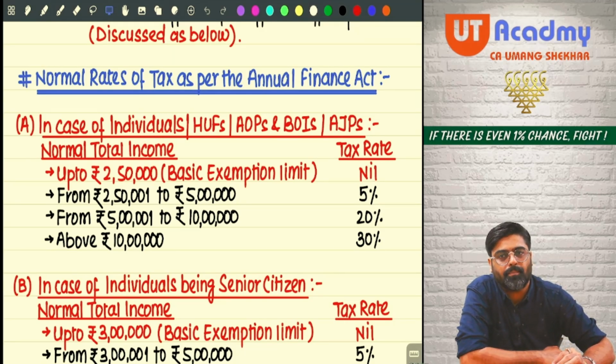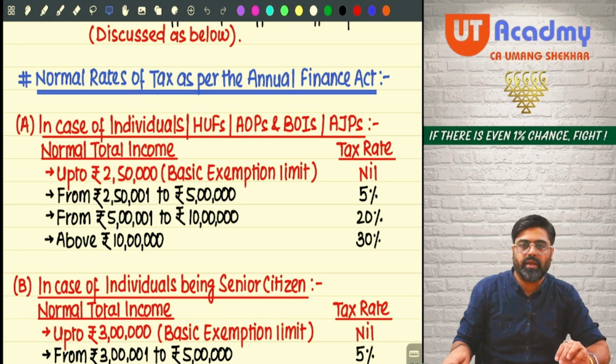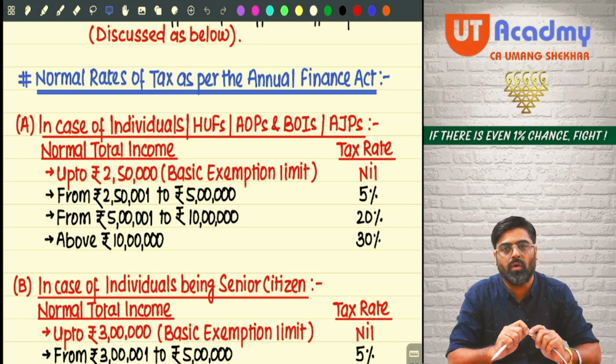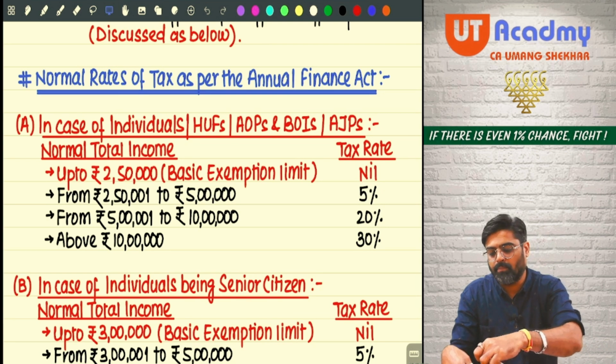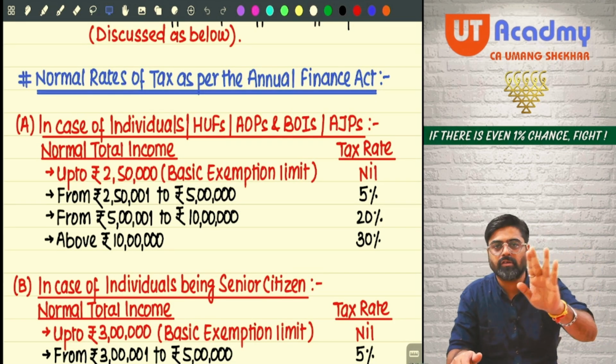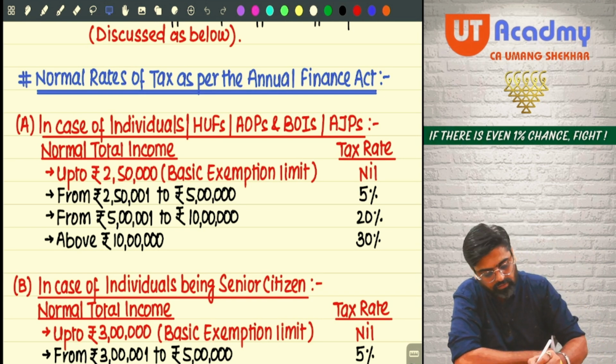So can you see point number A on the screen? In point number A, individuals, HUFs, AOP BOIs and AJP. Sir, what about the partnership firm? Sir, what about the local authority? What about companies, sir? We'll have a discussion about them after we discuss this. Okay. So first of all, who is this?